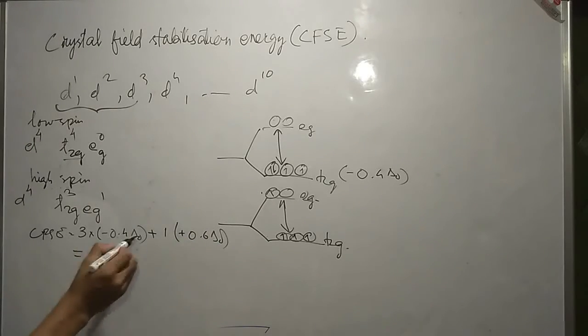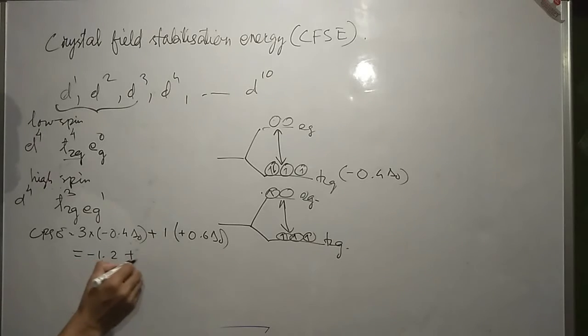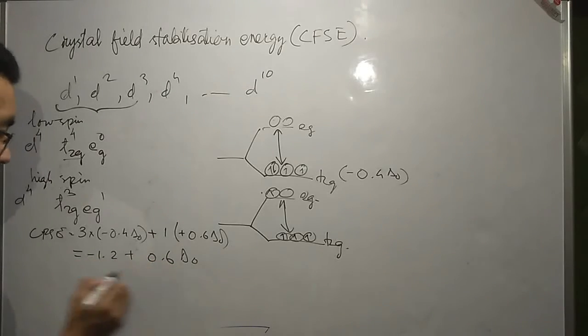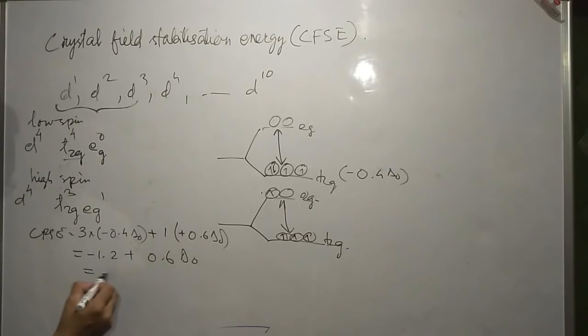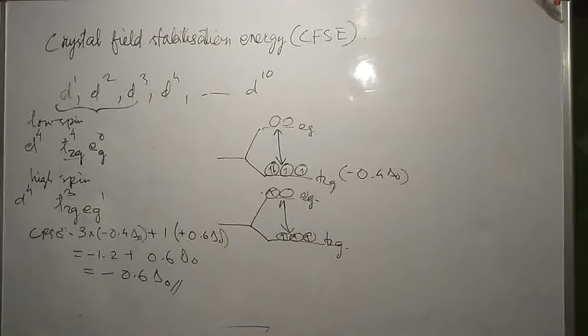So you calculate this one, 3 fours are 12, plus 0.6 delta naught. So this will give you, I think, minus 0.6 delta naught. So this is how we calculate the CFSE for different d configurations.